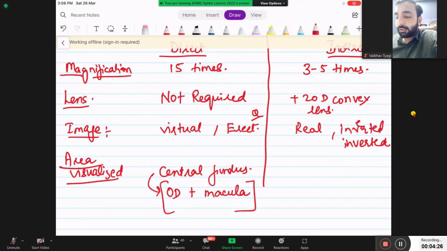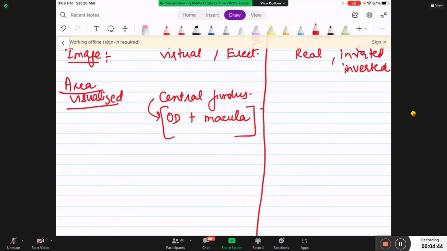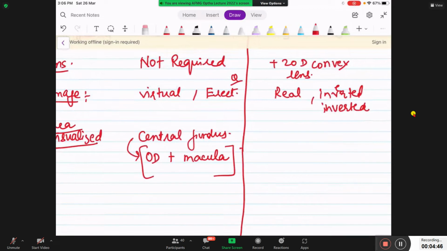Can you tell me what was the diameter of macula lutea? Message me in the chat box. What was the diameter of macula lutea? 5.5 millimeters.